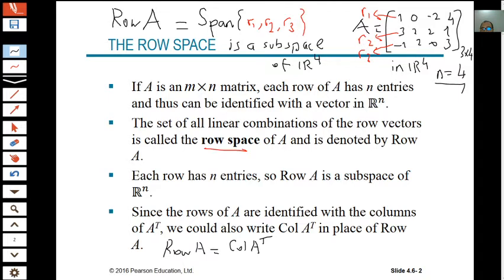Okay, by the way, let's remember the other special subspaces here. What was the definition of the column space? If we say the first column is A1, the second column is A2, the third column is A3, the last one is A4.